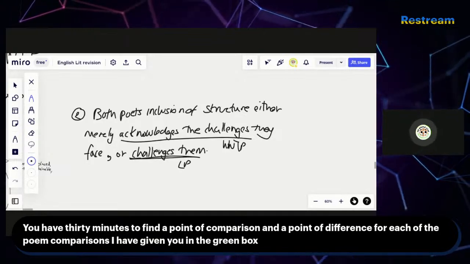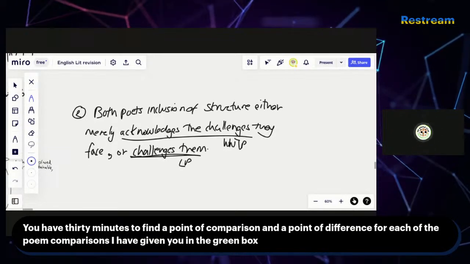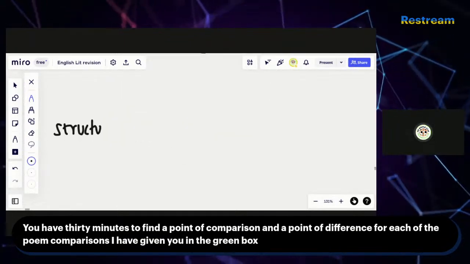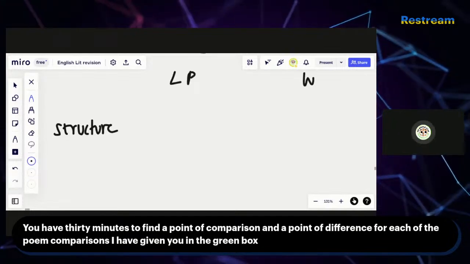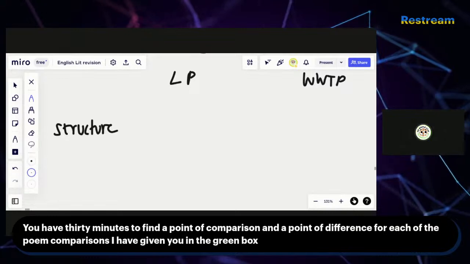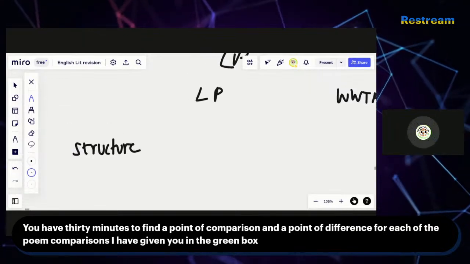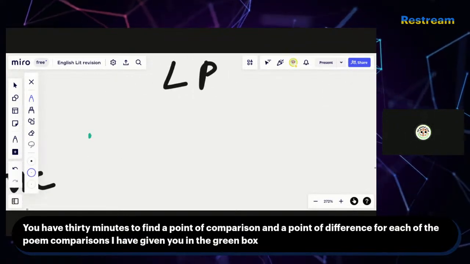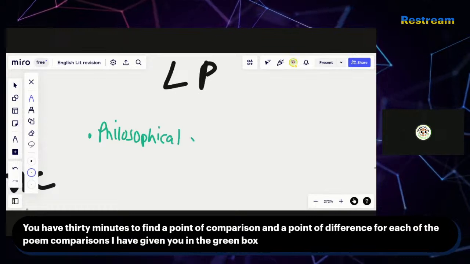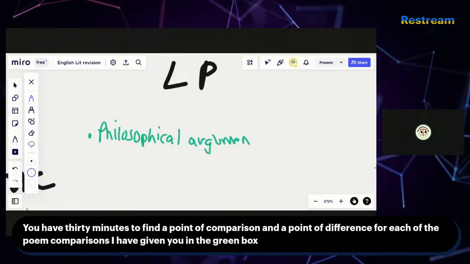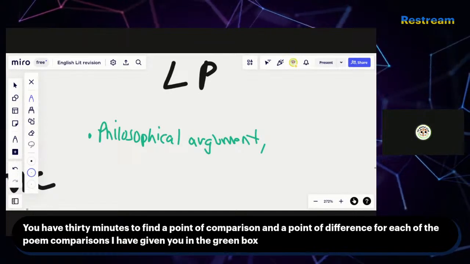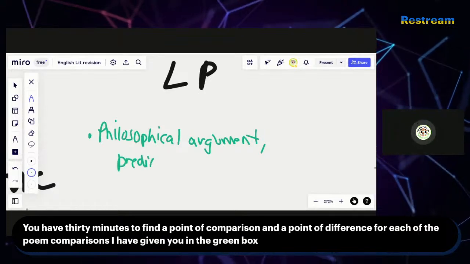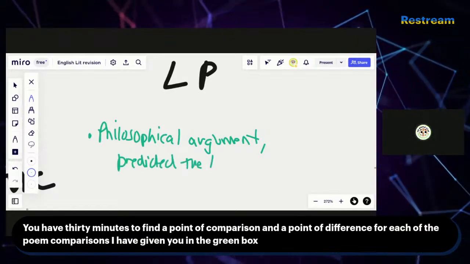However, how do we evidence this? Let's look at Love's Philosophy. What is the structure of Love's Philosophy in comparison to When We Two Parted? The structure of Love's Philosophy follows like a philosophical argument, which is perhaps predicted or foreshadowed within the title itself.